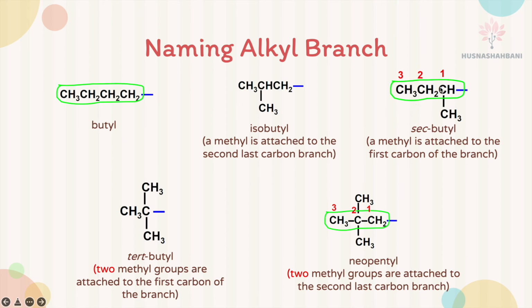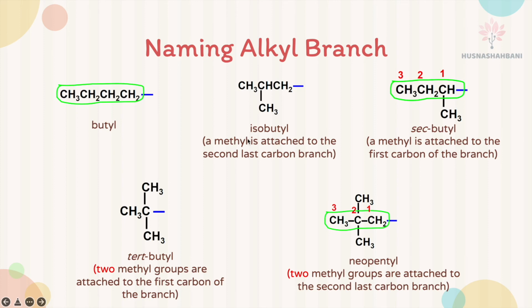Next, total number of carbon branch 4. So butyl, this is carbon number 1 because this carbon attached to the parent. Carbon 2, carbon 3. If a methyl is attached to the first carbon of the branch, the name is sec.